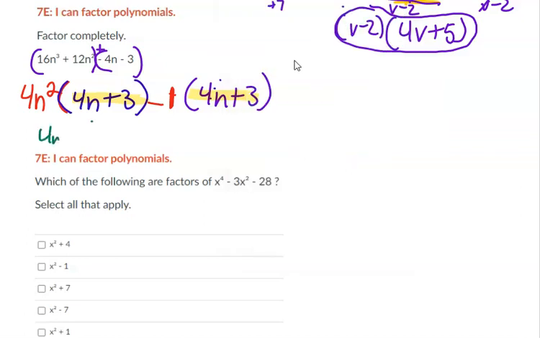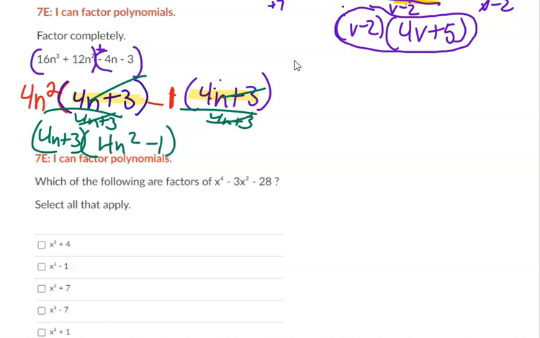So we have 4n plus 3. And when we take it out of this, we're just left with 4n squared minus 1. Now, 4n squared and 1 are perfect squares, so we're going to use difference of squares.